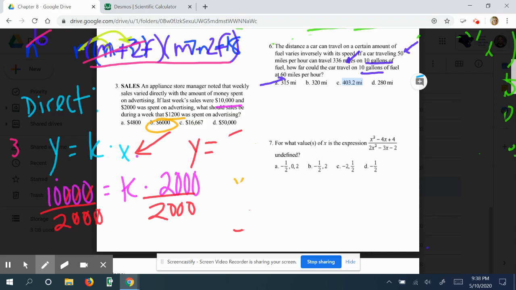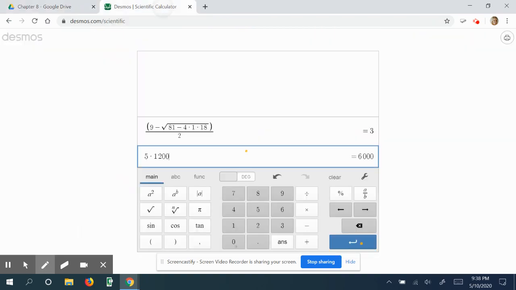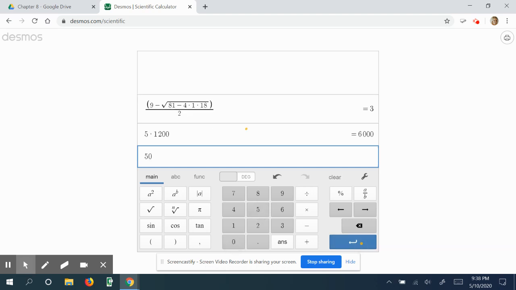Now it says it varies inversely, and we've already looked at inverse problems. It says that x times y equals some k that we don't know. So let's look at the problem we do know. 50 times 336 equals k. I go to Desmos and say 50 times 336 is going to be 16,800.